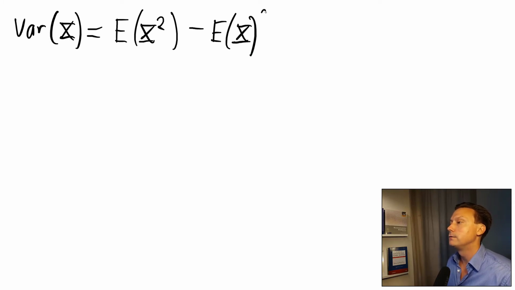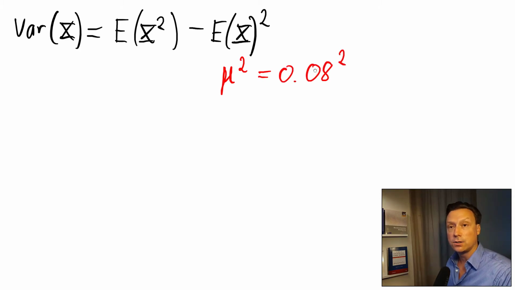And notice the power of 2 is outside here. So that means that this is just the same thing as mu to the power of 2, which we know was 0.08 to the power of 2, because that's what we calculated in the last session. So the only new thing is this one. We just need to find the expected value of x to the power of 2.